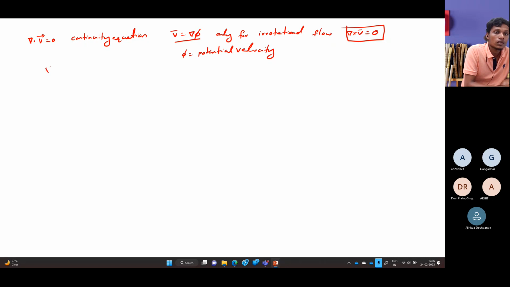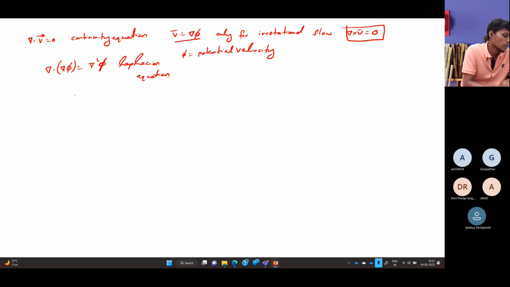Just substitute that del phi in the continuity equation, that is del dot del phi equals del square phi. We call this format in calculus a Laplacian equation.